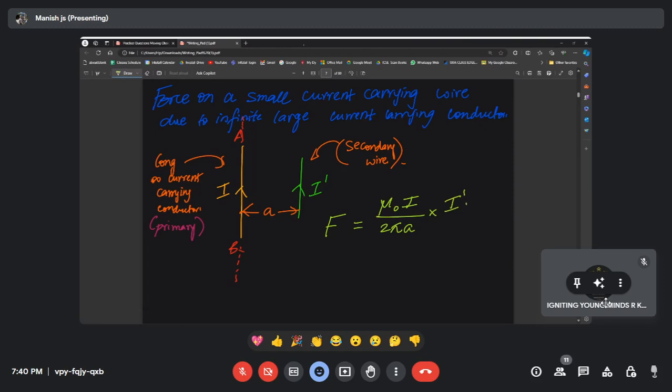The secondary conductor is not infinite here; it is of finite length, so into its length L.